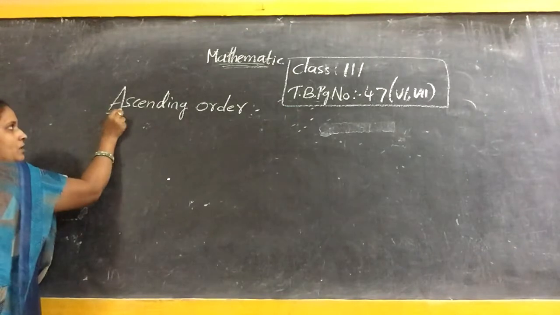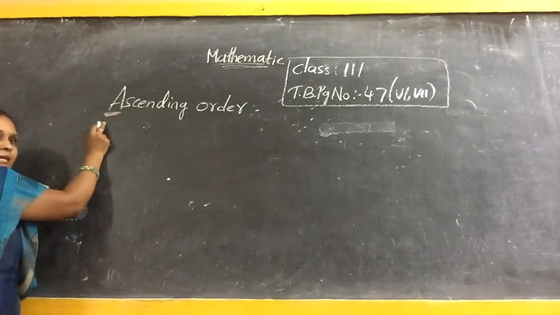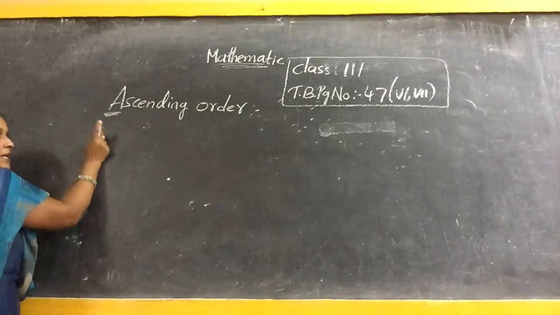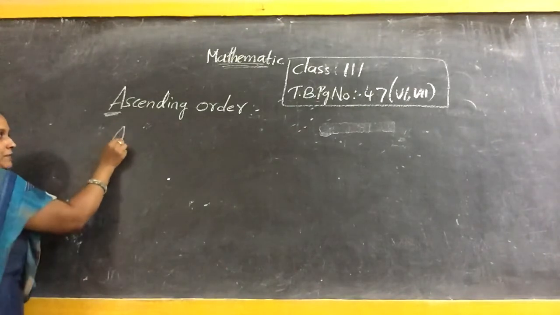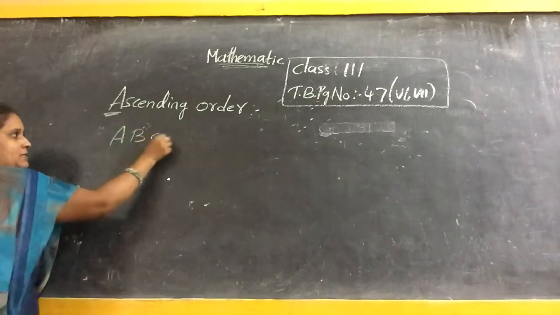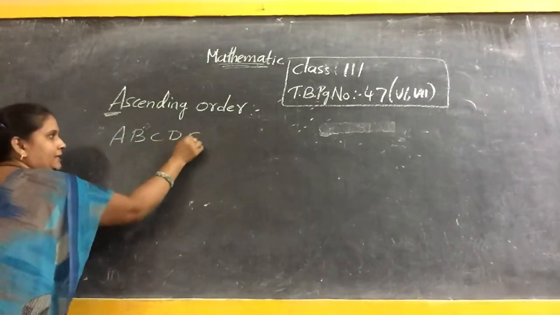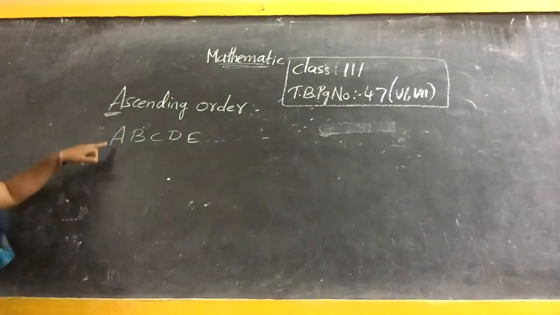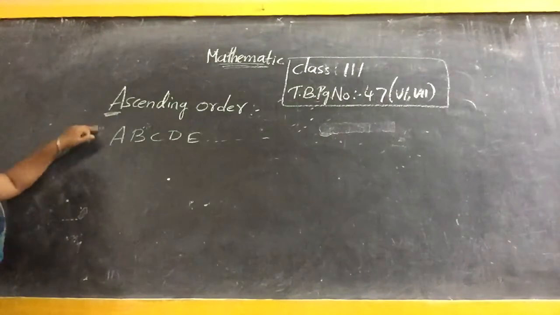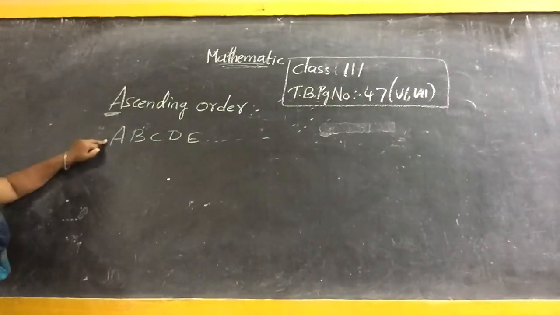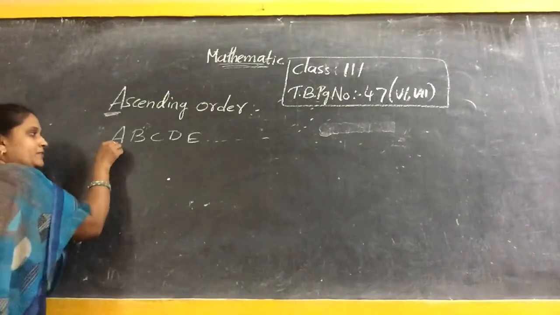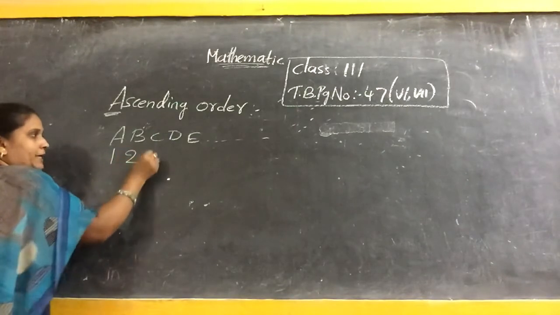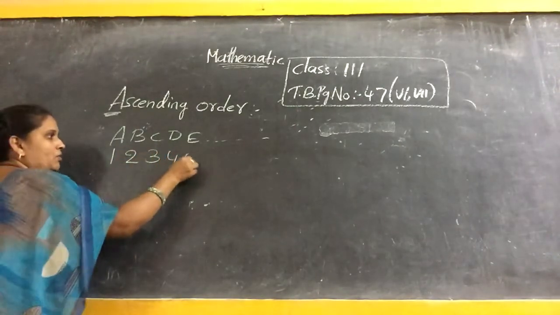Look at the board. What is the first letter, children, here? A. Yes or no? So write A, after that B, C, D, E. Like that you will be continuing the letters. So A is the starting letter. Like that only we will start numbers from 1, 2, next 3, 4, 5.